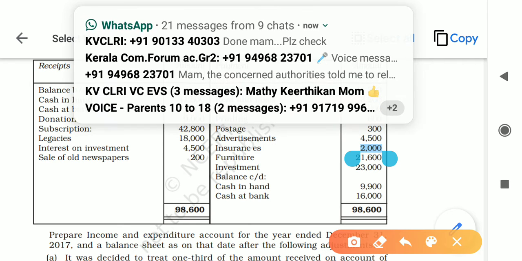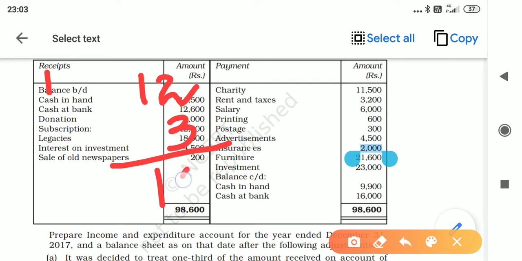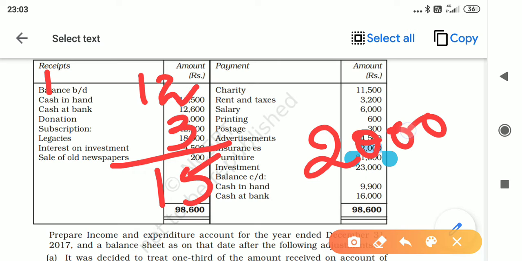So what you have to do is, one year has 12 months, and insurance payment was paid for 3 months advance, which means it was paid for 15 months. So for 15 months, if the insurance amount is 2,000, what is the amount of the insurance for 3 months? That's what you have to do.